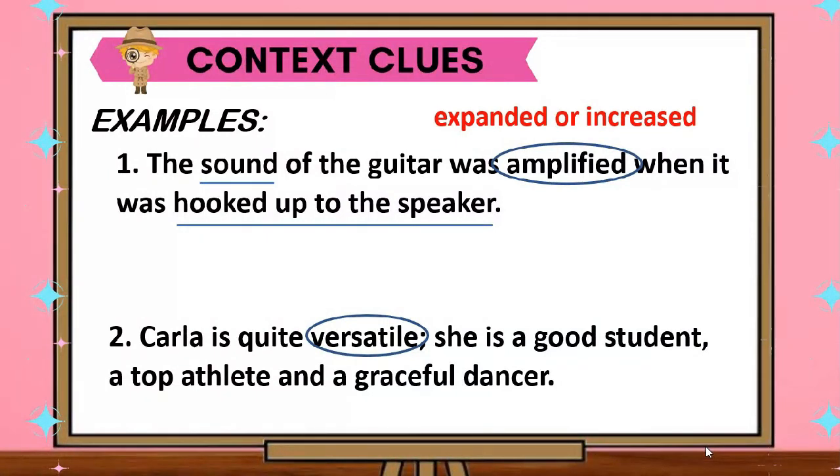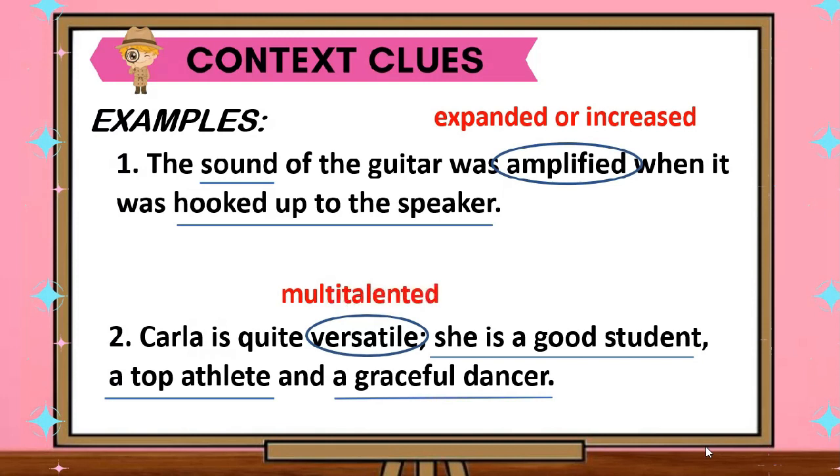The context clues here are she is a good student, a top athlete, and a graceful dancer. Through these context clues, we may infer that the meaning of versatile is multi-talented.